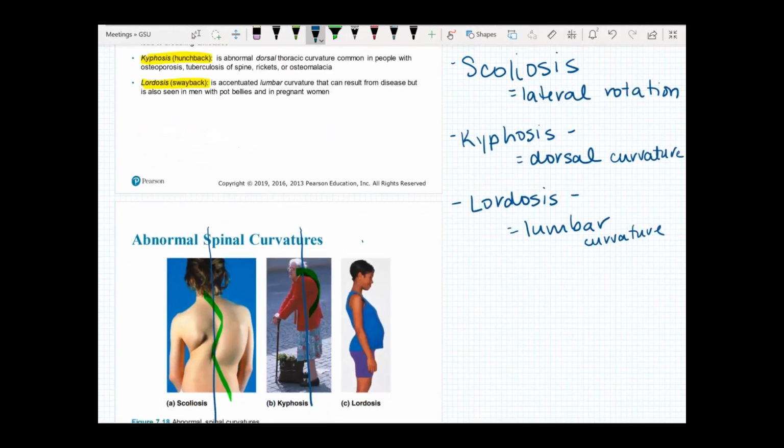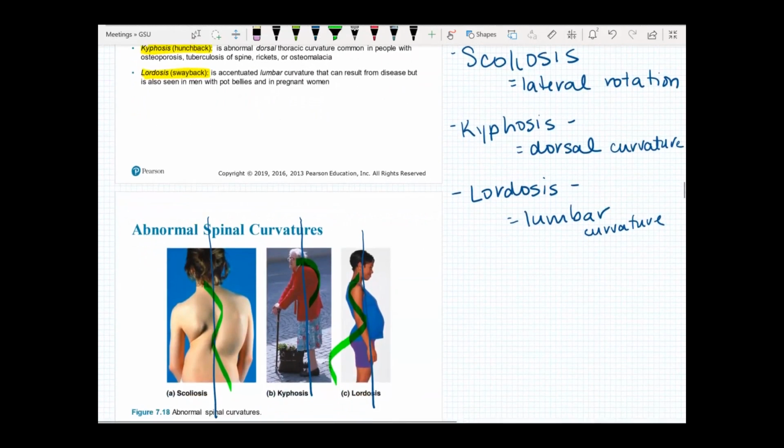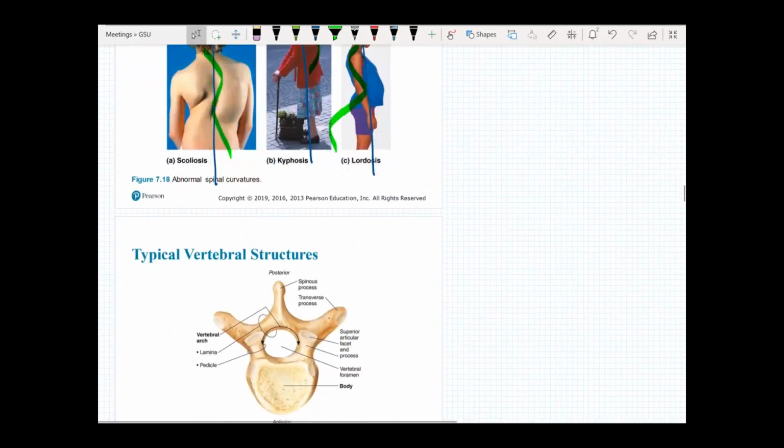So if we drew a plumb line right here, she should have a nice little curve to these sections, but she has this curve here, and then this is extreme right there. So that's an abnormal or excessive curve. Scoliosis is lateral, kyphosis is dorsal or hunchback, and lordosis is lumbar or swayback, maybe another term that you've seen. So those are some of the abnormal curvatures.